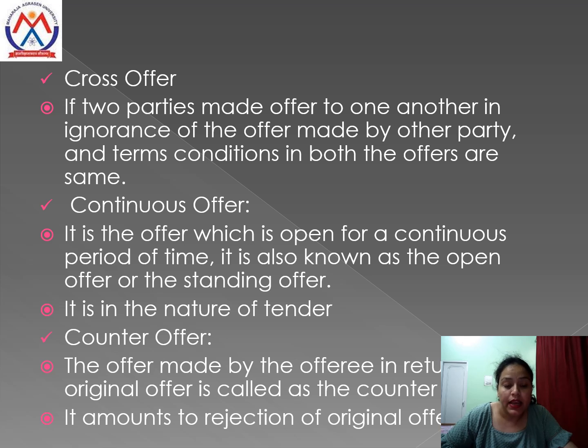For example, A is offering to sell 10 tons of wheat to B at rupees 1,000 per ton. On the same day, B also makes the same offer to A, offering to buy 10 tons of wheat at rupees 1,000 per ton.